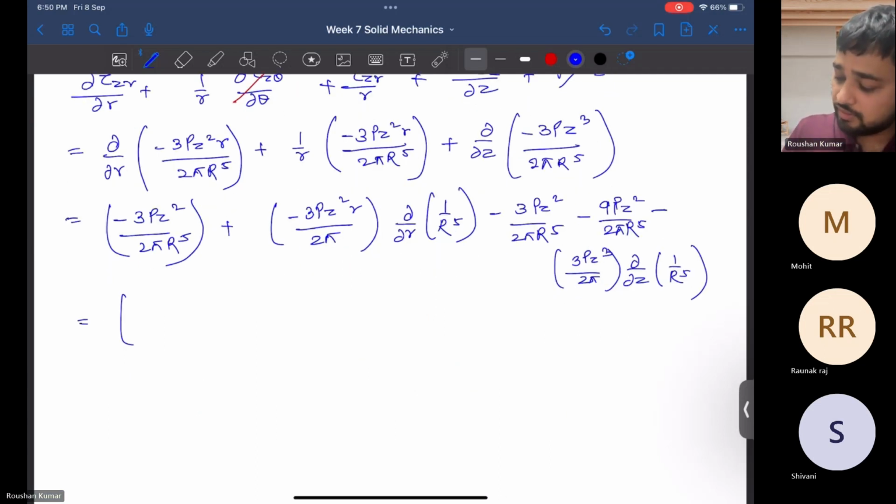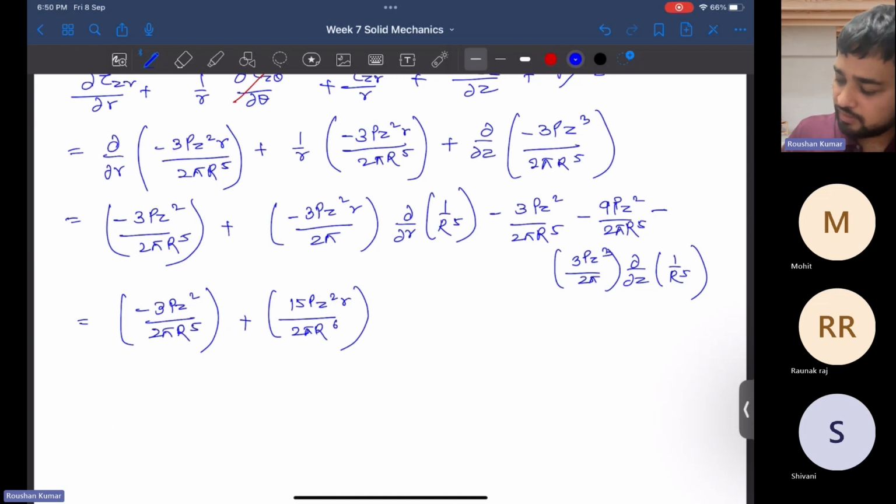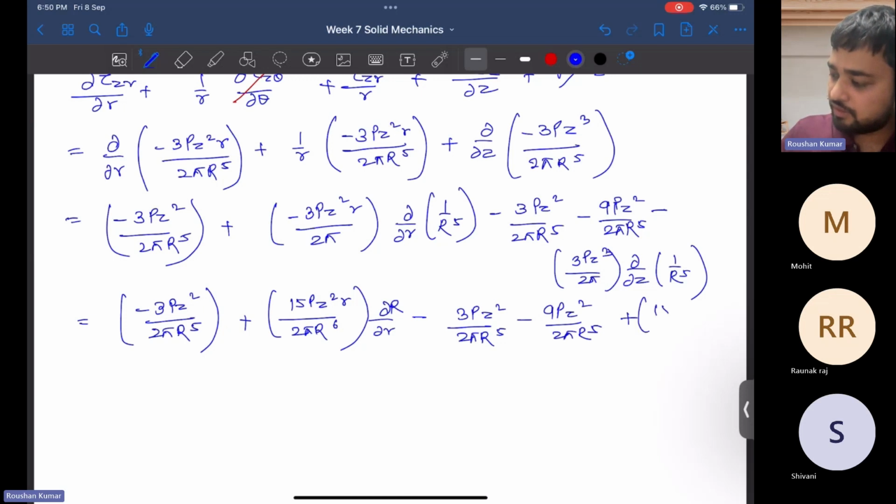The next thing is minus 3p z square upon 2 pi r to the power 5 plus 15p z square r upon 2 pi r to the power 6 into del r upon del r, minus 3p z square upon 2 pi r to the power 5 minus 9p z square upon 2 pi r to the power 5 plus 15p z cube upon 2 pi r to the power 6, and this will become del r upon del z.